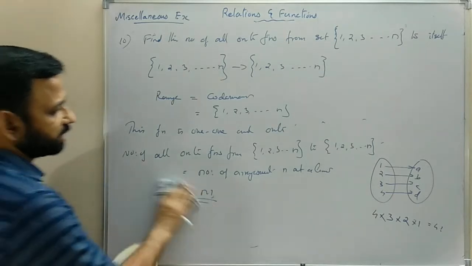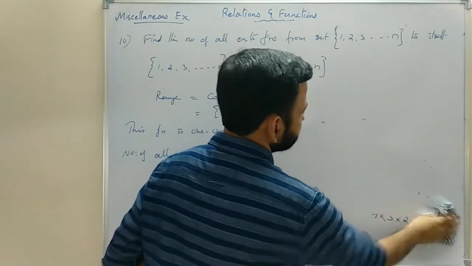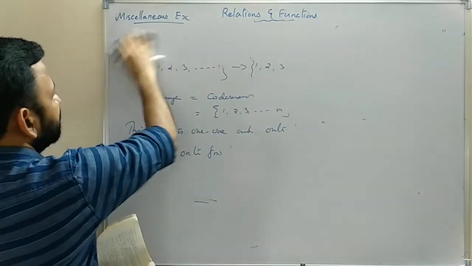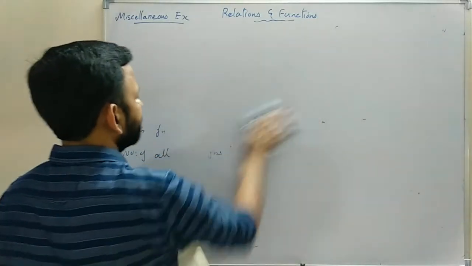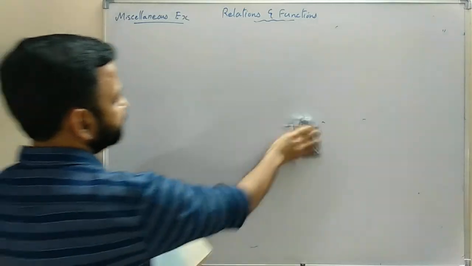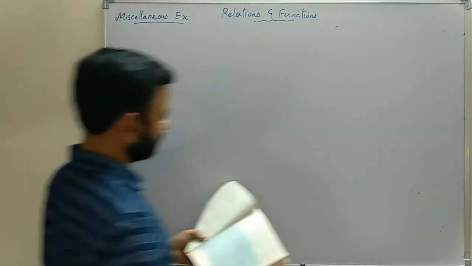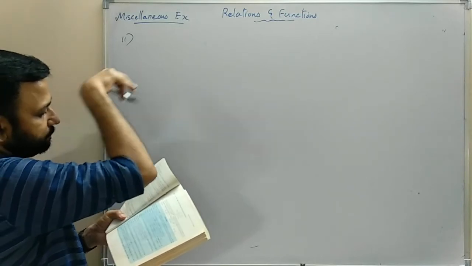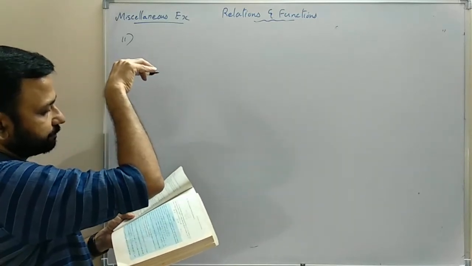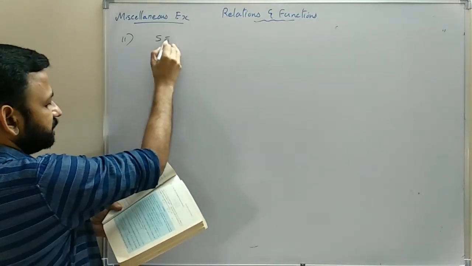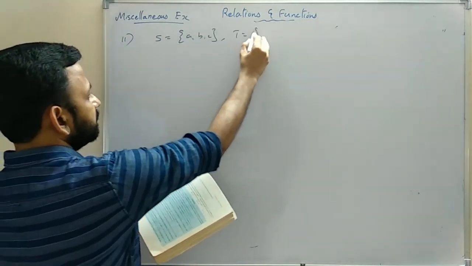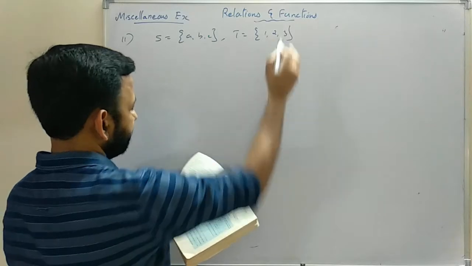Then question number 11, that is also related to our topic. So we can do the 11th question. Question number 11. S is equal to the set {A, B, C}, and T is equal to the set {1, 2, 3}.